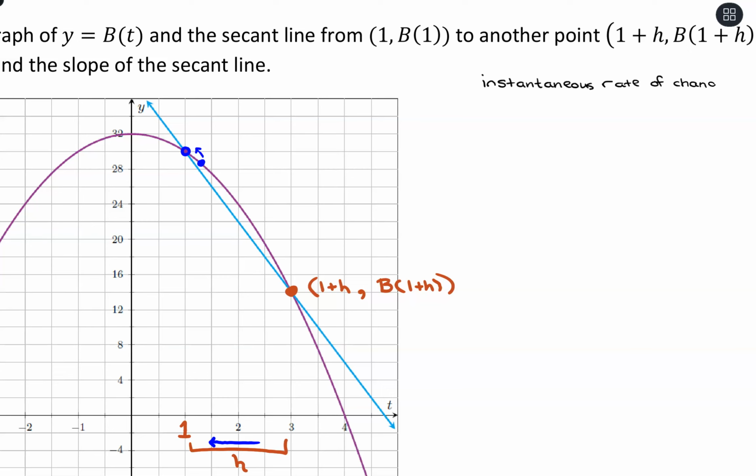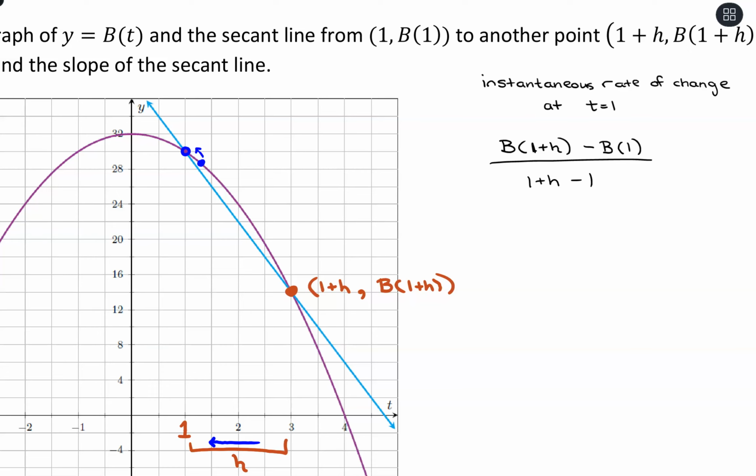which we'll talk about even more in the next video if you're not comfortable with that terminology. And we're really focused on t equals 1, so that would be our August with the bee population. So what we would do is look at where is that output for 1 plus whatever increment we're using, minus the output at 1, over 1 plus h minus 1.